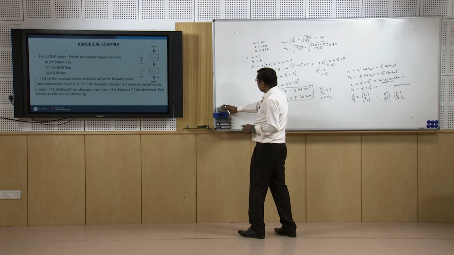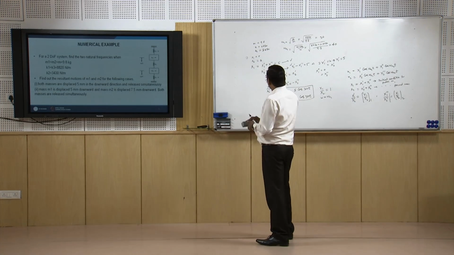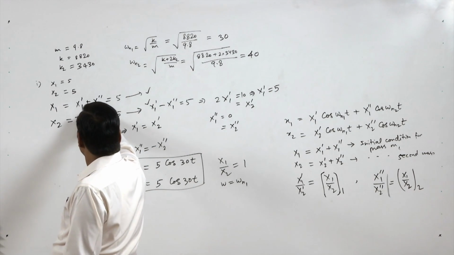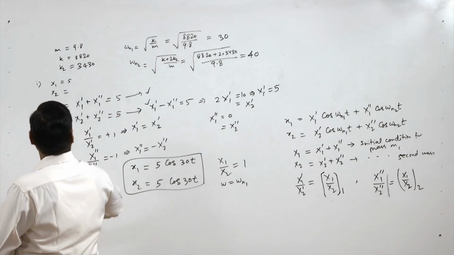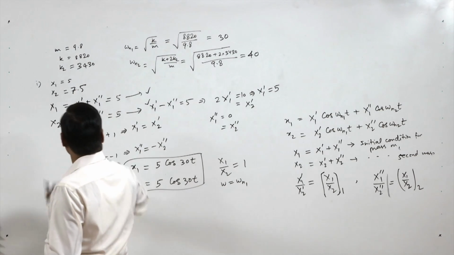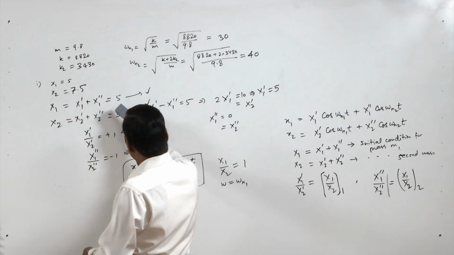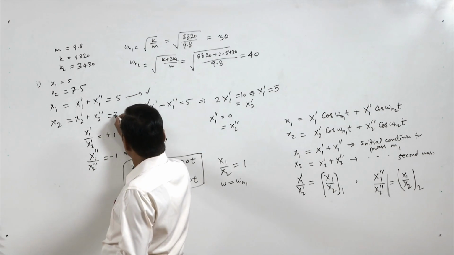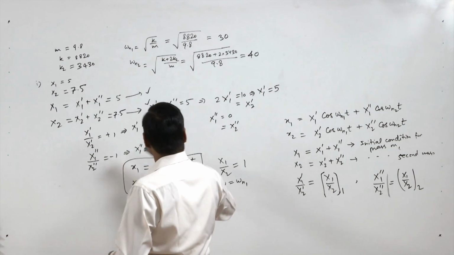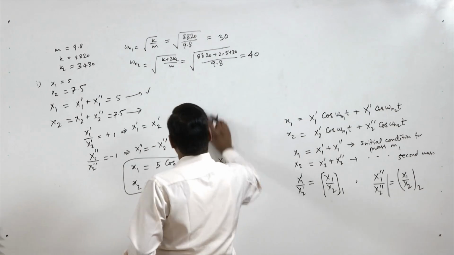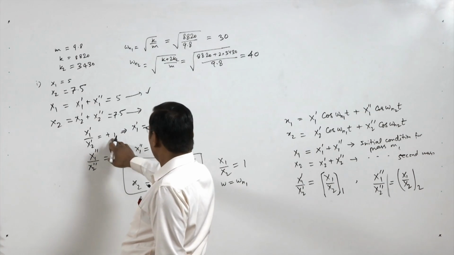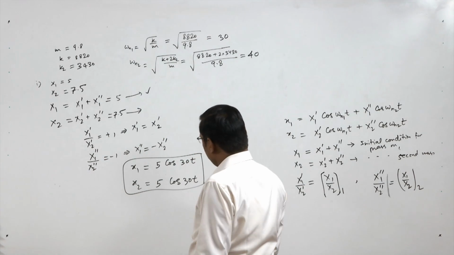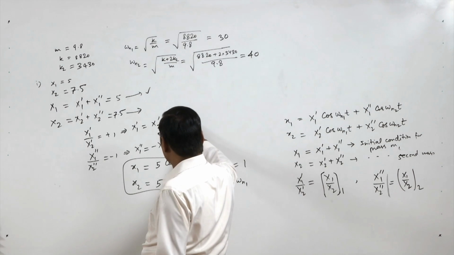So we have now x1 equal to 5 and x2 equal to 7.5, and these conditions will be satisfied as these are principal modes of vibration.